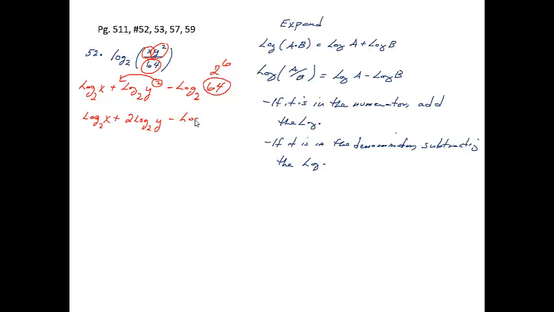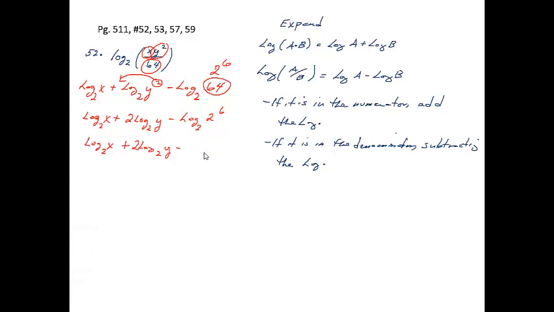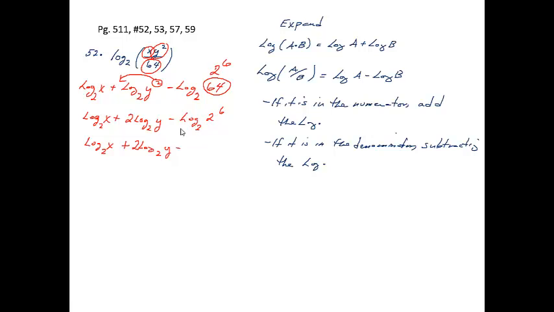So this is the same as saying log base 2 of 2 raised to the 6th power. Then, since my base and my argument are equal, in essence they cancel out, right? This is gone and the power drops down, so I'm subtracting just 6. The log goes away.